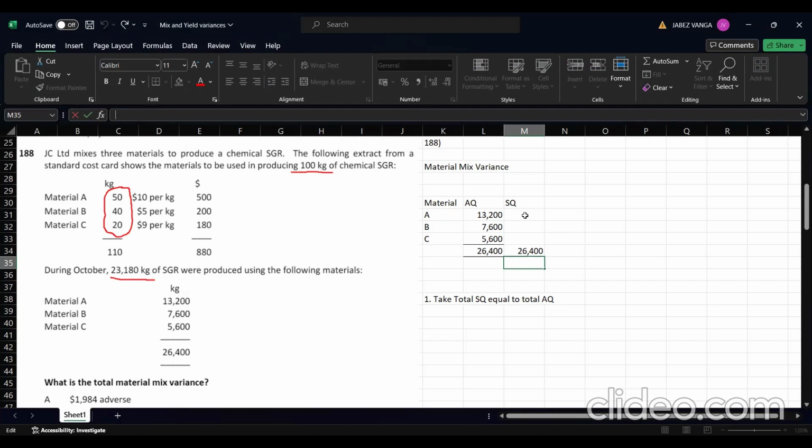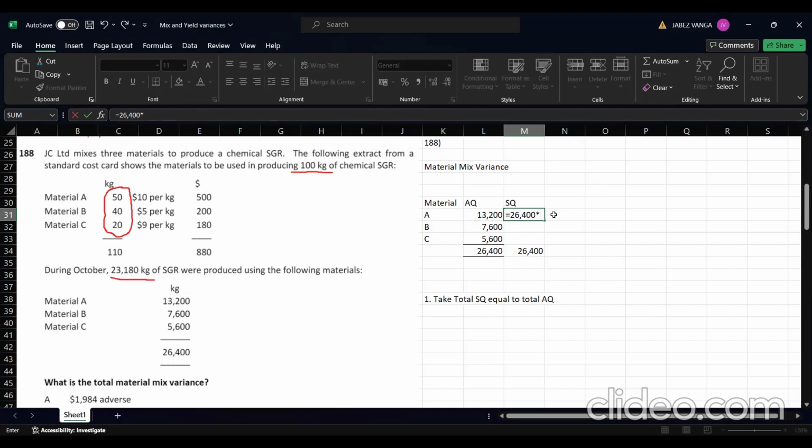So, in the ratio of 5 is to 4 is to 2, we are now going to allocate the amount of 26,400 among A, B, C, or calculate the standard quantities of material A, B, C in the ratio of 5 is to 4 is to 2. So is equal to 26,400 into 5 divided by 11. You can check the formula in the formula bar. While typing, if something is disturbing you, you can follow what is being typed in the cell here in the formula bar.